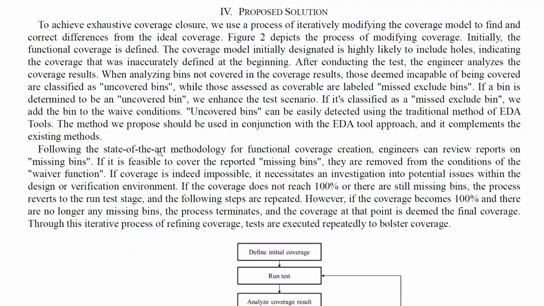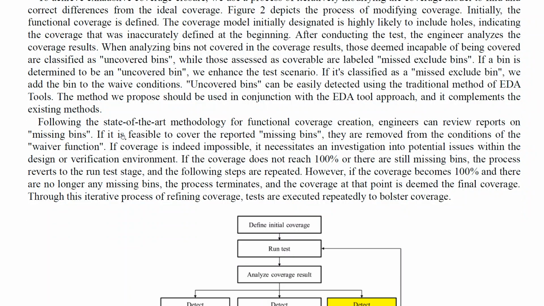Following the state-of-the-art methodology for functional coverage creation, the engineers can review reports on missing bins. If it is feasible to cover the reported missing bins, they are removed from the condition of the waiver function. If coverage is indeed impossible, it necessitates an investigation into potential issues within the design or verification environment.